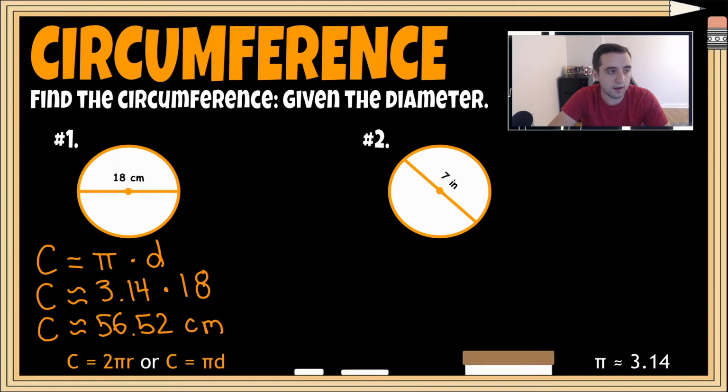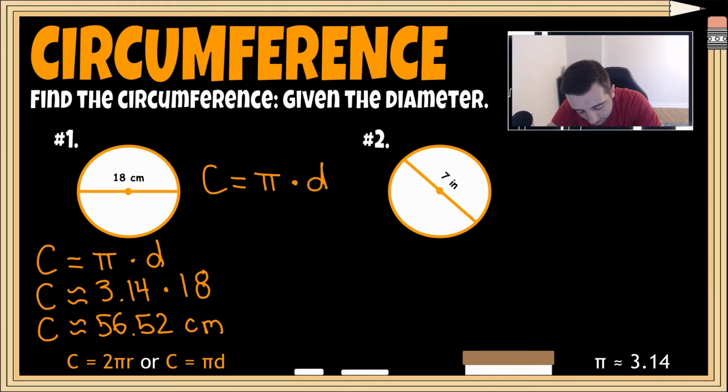Okay? And I also see other problems where they ask you to leave the circumference in terms of pi. So let me backtrack a little bit. Let's restart the problem. So let's say we have circumference equals pi times diameter. And if you want to leave your answer in terms of pi, don't plug in a number for pi at all. Just leave pi alone. The only thing I'm going to plug in here is the diameter.